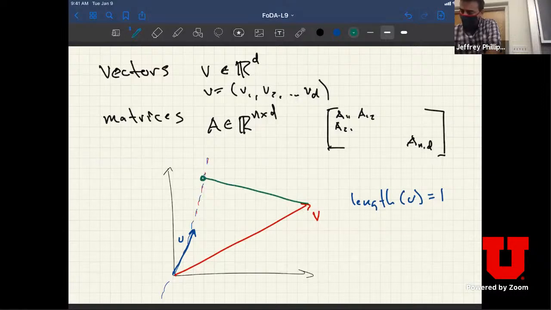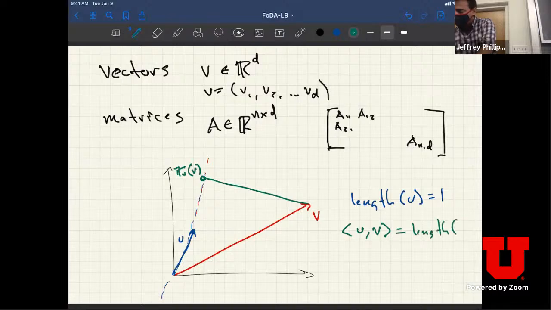This is the projection onto u of v, and if this is true, then the dot product of u and v, which is a certain type of multiplication, is going to be the length of the projection of v onto u. So the length here is measured from the origin.